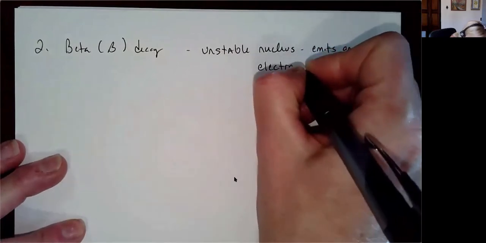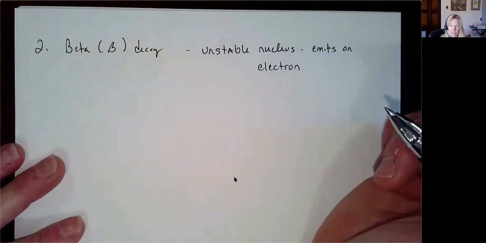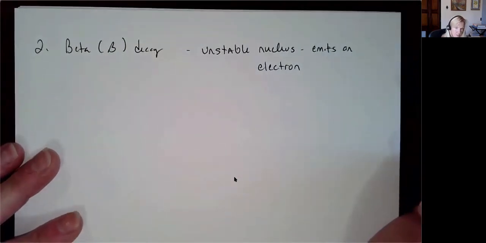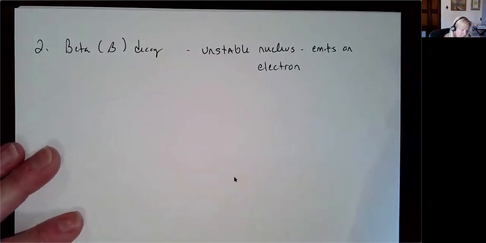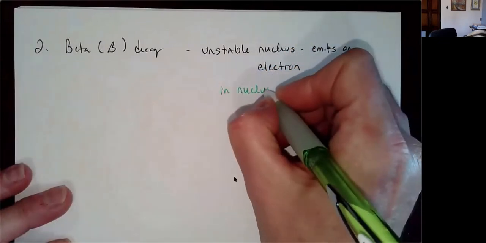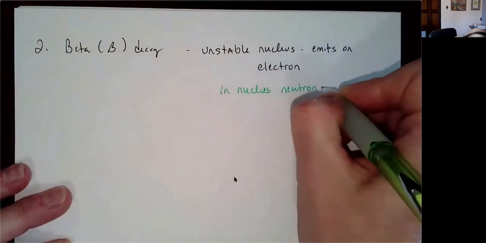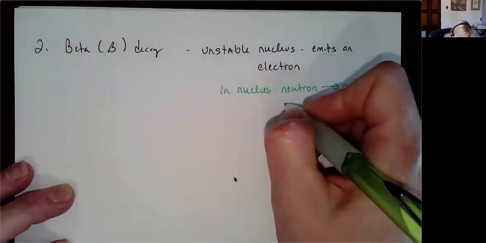This is not like a metal losing an electron. That is not what's happening with beta decay. There aren't any electrons in the nucleus. What's really happening is a neutron is becoming a proton, in the nucleus. Protons have a positive charge. Neutrons have no charge.